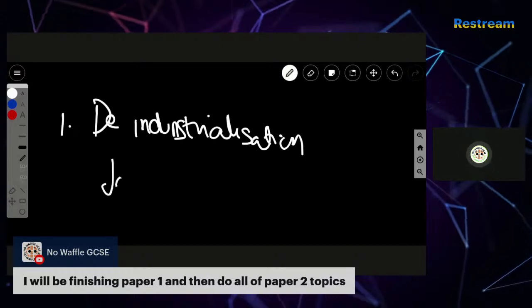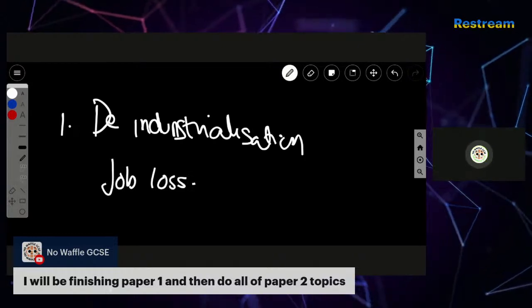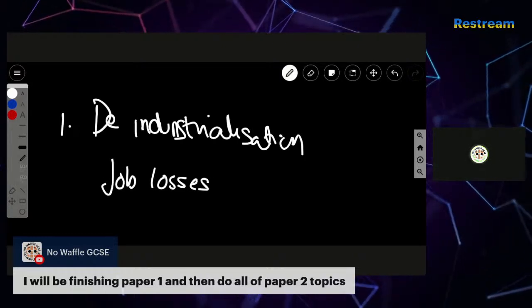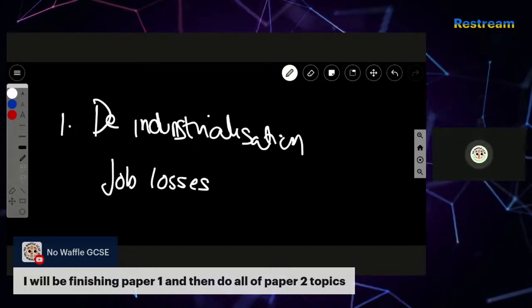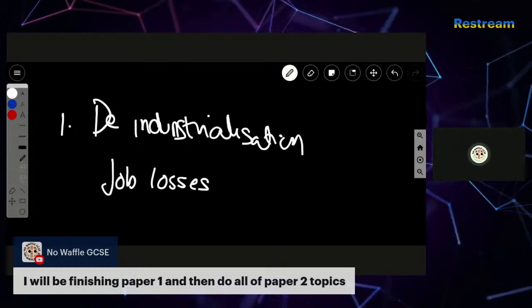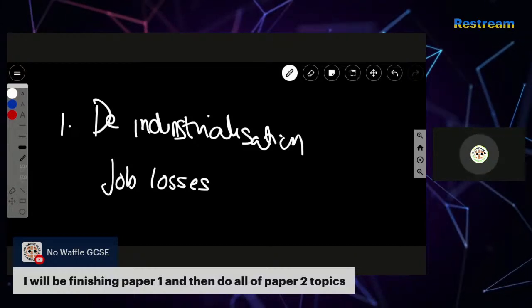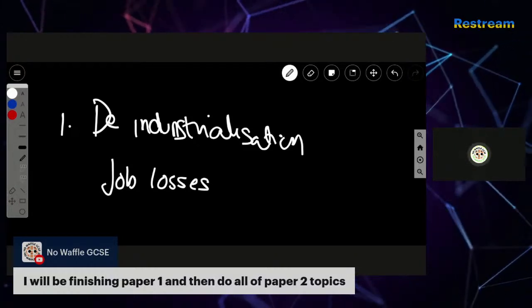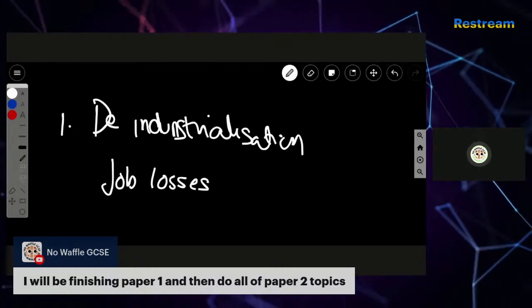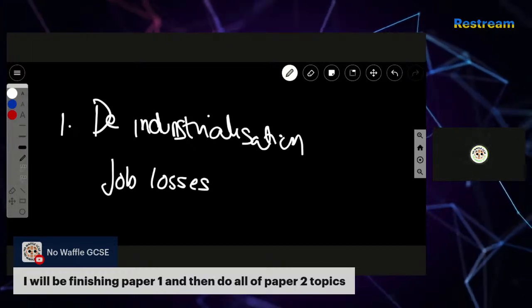Now, this led to masses of job losses everywhere. And as other countries industrialized, they produced goods more cheaply than the UK, increasing the competition. So that's why the UK decided to import all of its goods from other countries because it was much cheaper labor that they could exploit, poor people rather than their own.